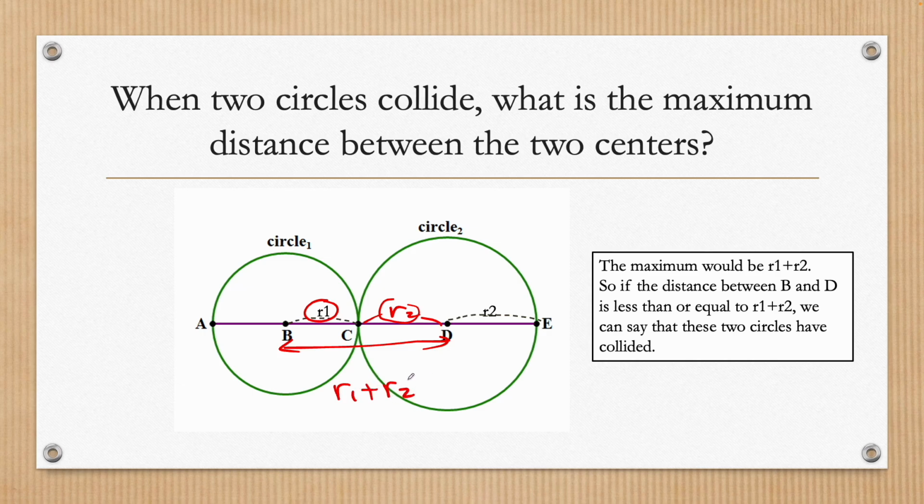That'll be the maximum distance between the two centers when they're colliding. If they are closer to each other, so let's say they are overlapping, that means obviously the distance between the two centers will be less than R1 plus R2. Okay? So you can set your selection statements in a way utilizing this number to detect the colliding of those two circles.